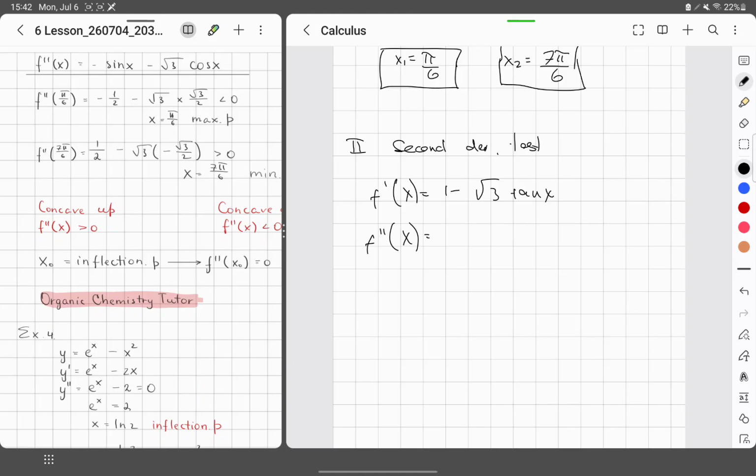Wait a second, it will be like what? Negative times, what is the derivative of tangent x? 1 over cosine square x. It's the second, but I prefer cosine square x. All right, I hope that I'm writing that correct, negative cosine square x and 7 pi over 6.